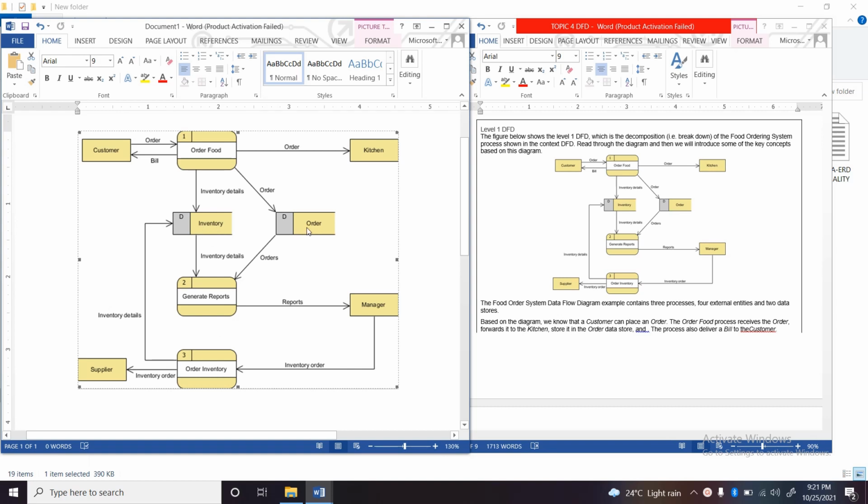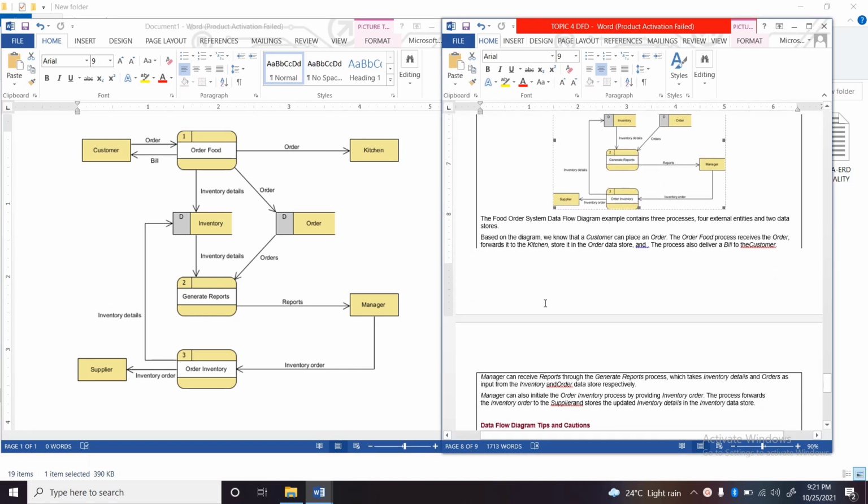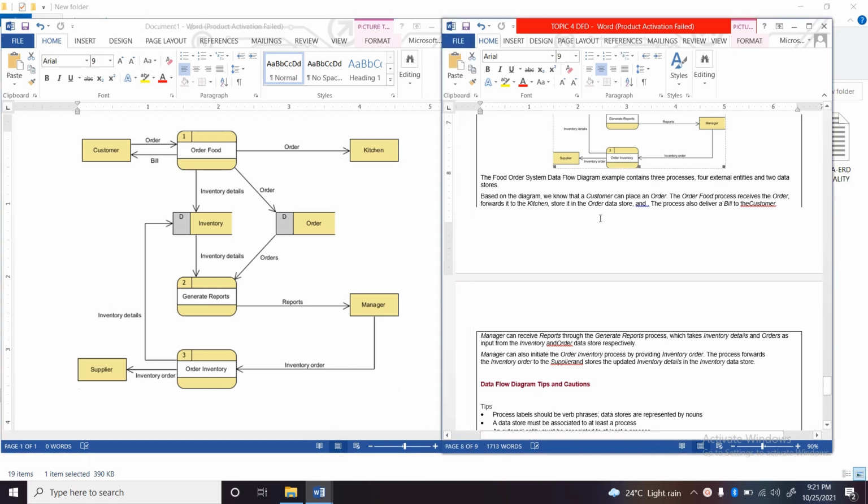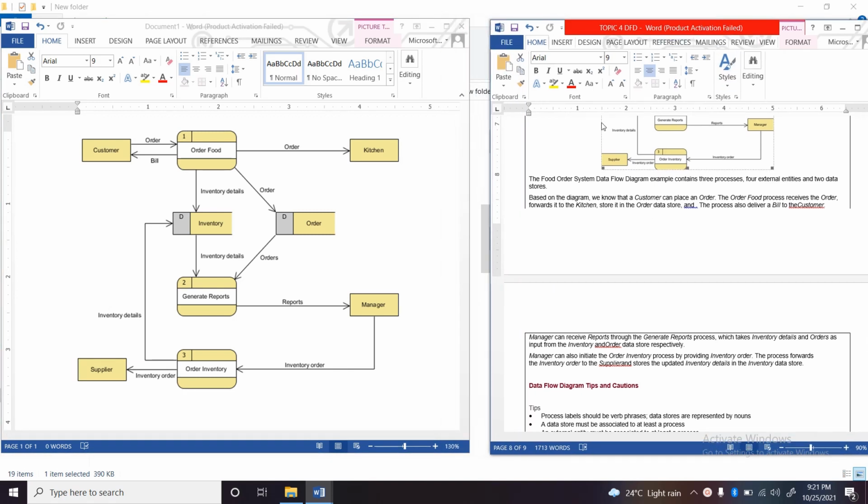We also have external entities, the customer, kitchen, manager, and supplier, and we also have arrows that represent the data flow. So as you can see, the food order system data flow diagram example contains 3 processes, 4 external entities, and 2 particular data stores.